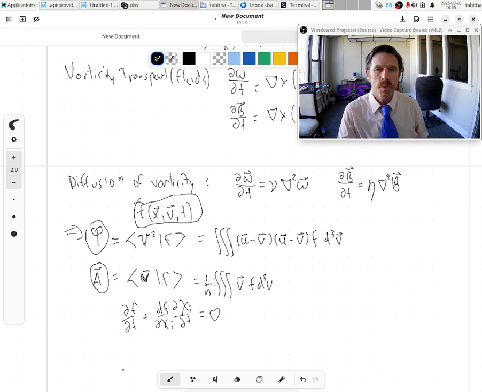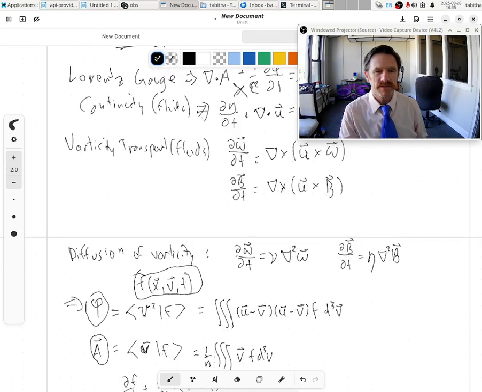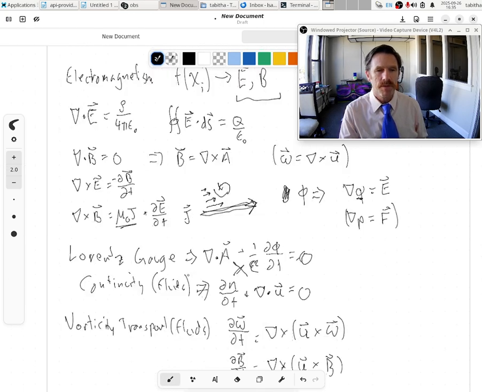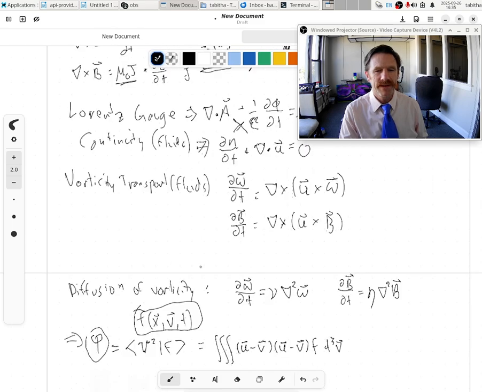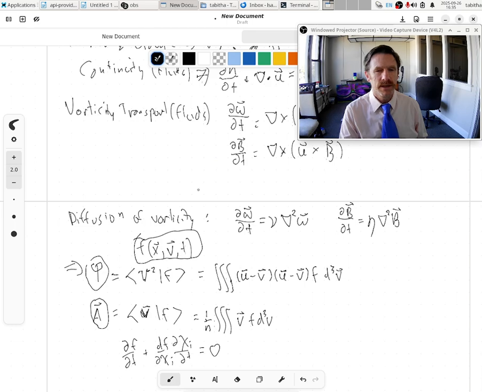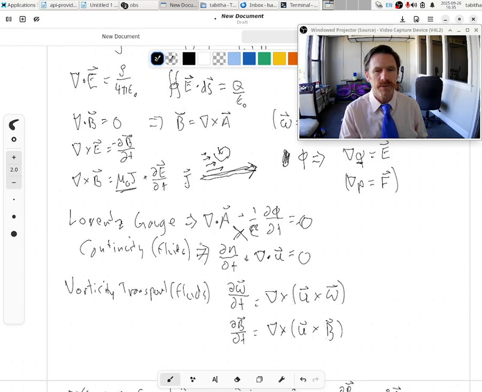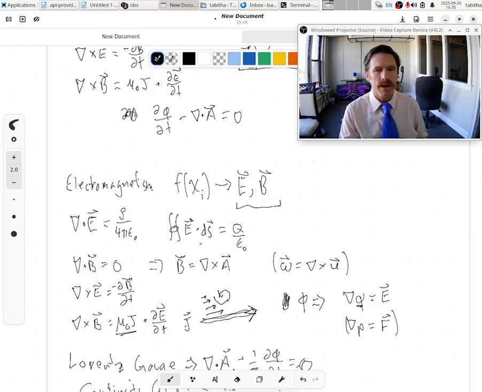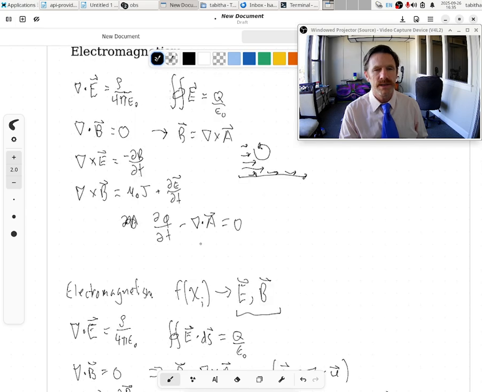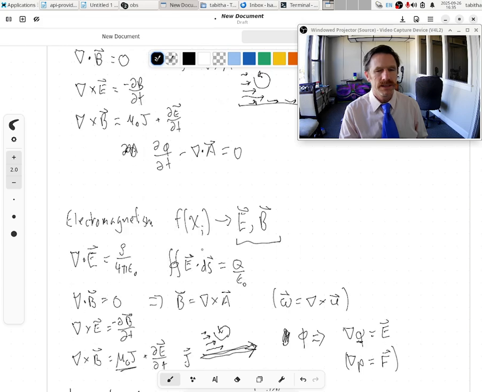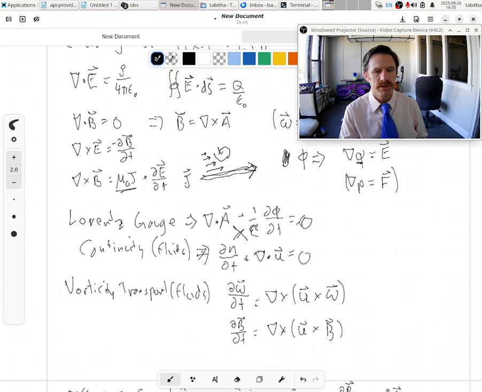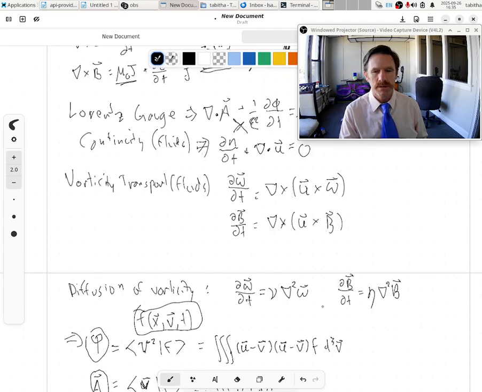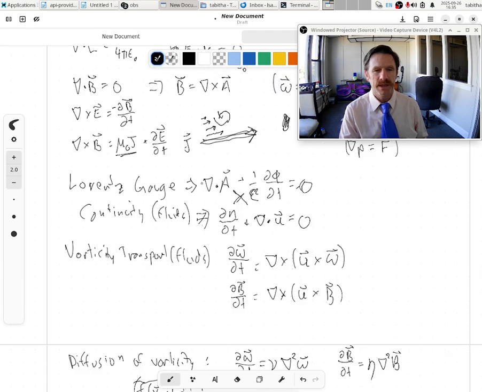And there are even more nice fluid analogies, which I've left out here. But hopefully as we get more specific in terms of our definitions here and our units, we can return and look at all of the details here. We have the diffusion matchup. We have the vorticity transport matchup. The Lorentz gauge being almost equal to the continuity equation is really something.